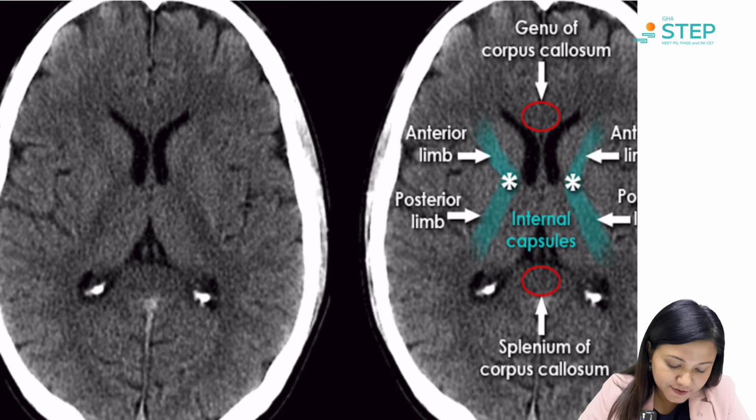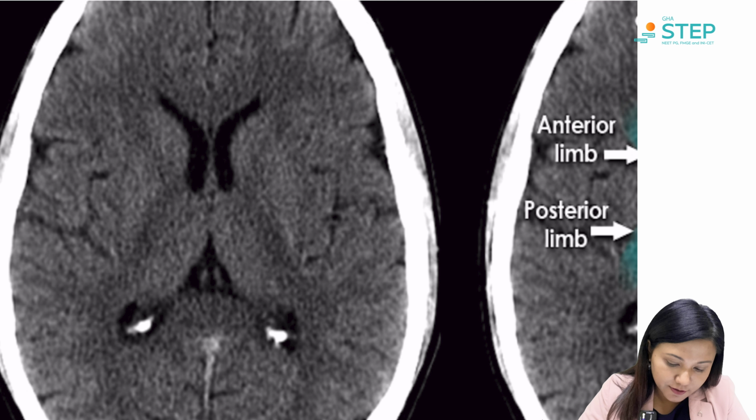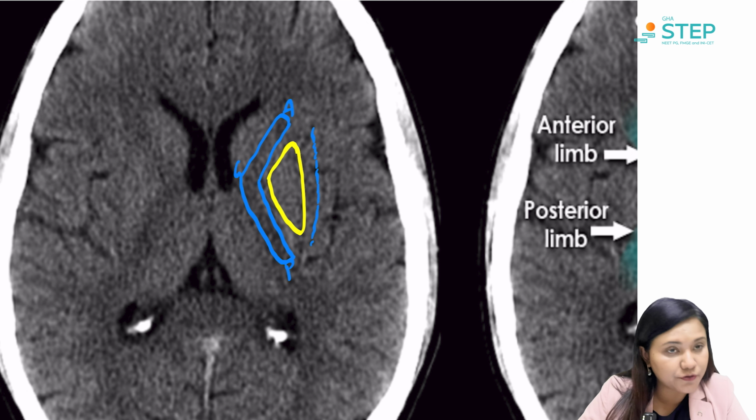Now if we come to this scan, you can see a whitish area here. This is the internal capsule, anterior limb, genu, and posterior limb. Then you have the gray matter here. This gray matter is the lentiform nucleus, and then you will have another gray matter here, that is the claustrum.